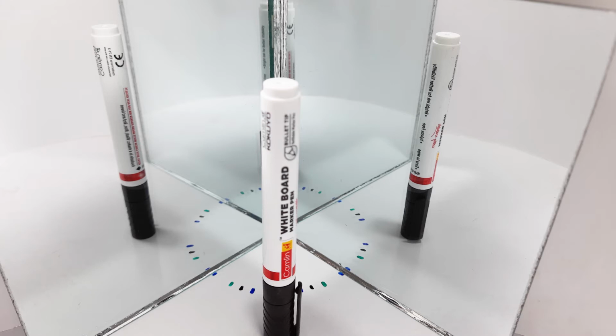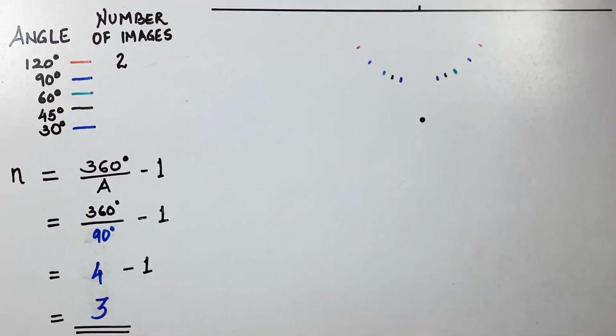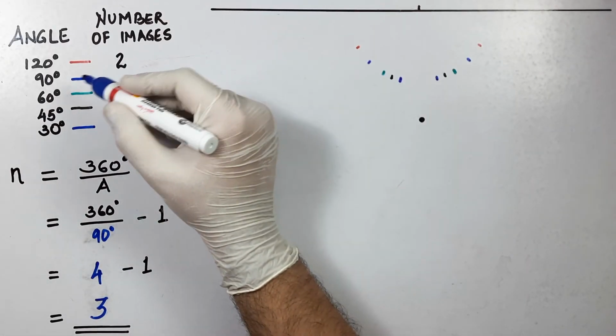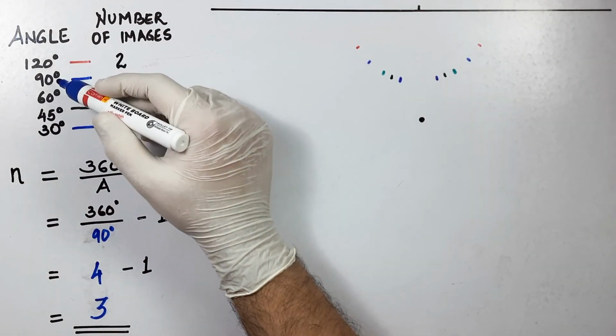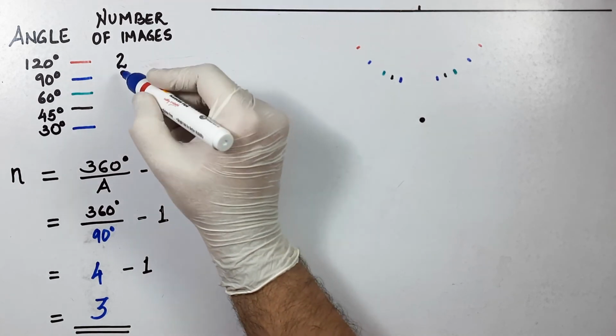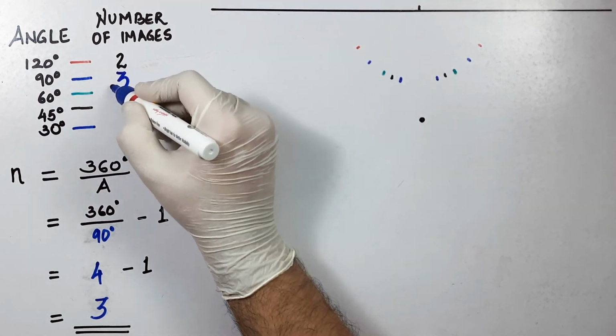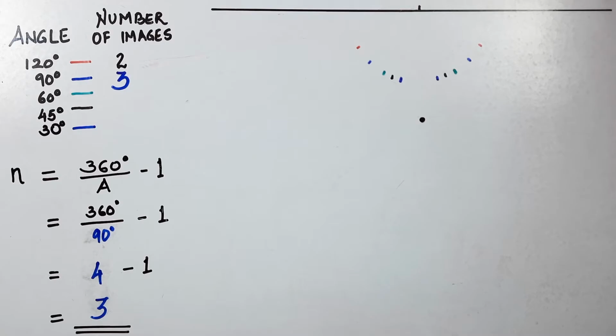But if you manage these 2 variables, then you will see very clearly 3 images. So we have confirmed that if the angle between the mirrors is 90 degrees, then we get 3 images.